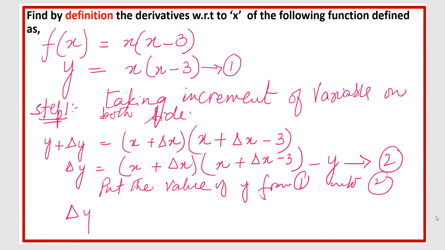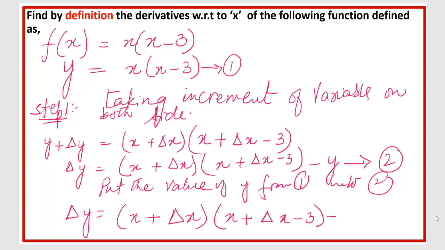So delta y will be x plus delta x, this part will remain the same, and minus. See here, whenever you have minus, you should be very careful. It is x into x minus 3. Now we have to multiply in the next step. So this is our first step. In the next step, we will multiply all these parentheses.